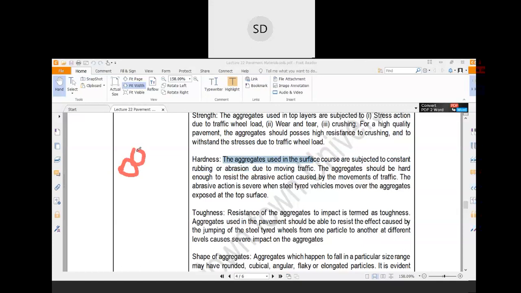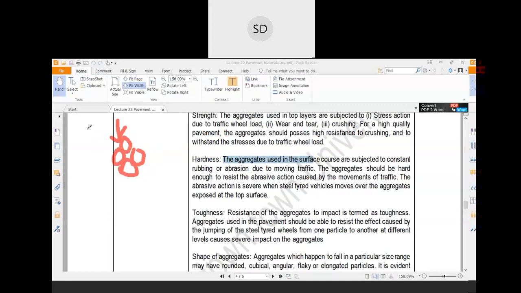suppose these are the aggregate assemblies. Now, if load is applied over there, in that case, what will happen? The surfaces of these aggregates will be rubbing each other in transmitting the load, and that will create some abrasive action.